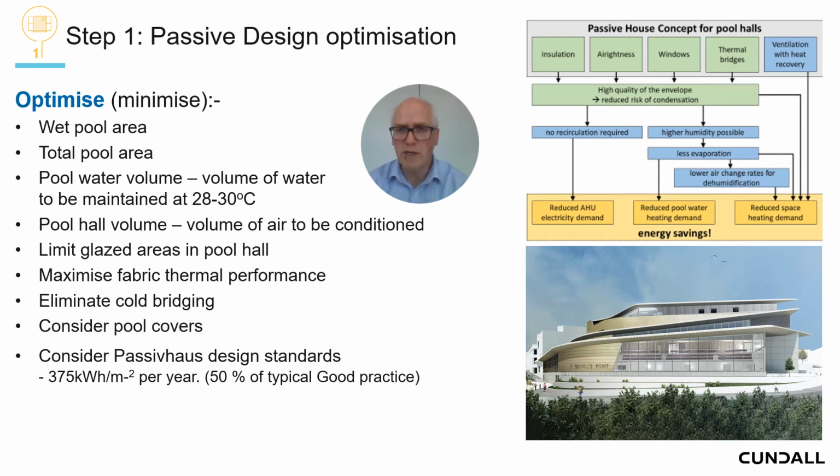And if you look on the right, the diagram indicates a sensible approach from passive house, which is make your thermal performance as good as possible, reduce the air leakage, then you won't need to pump as much air around, you'll be able to run higher humidity without a risk of condensation, we can have less evaporation, and all of this adds to low energy.